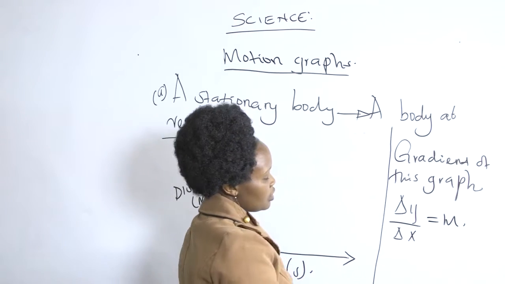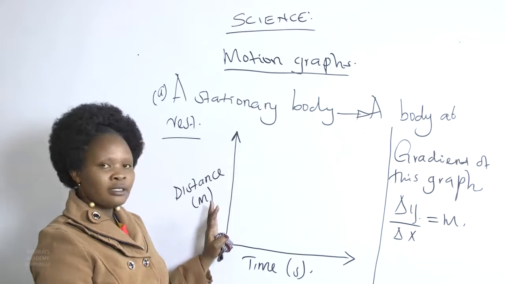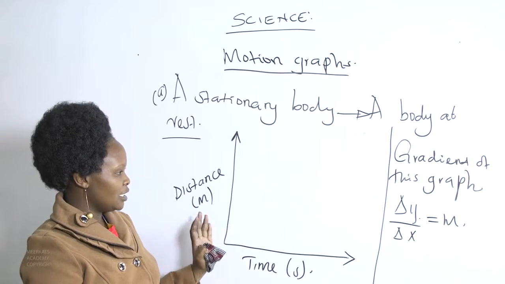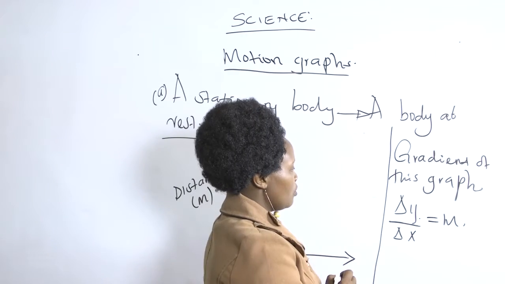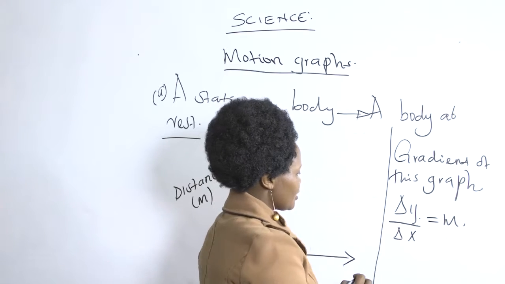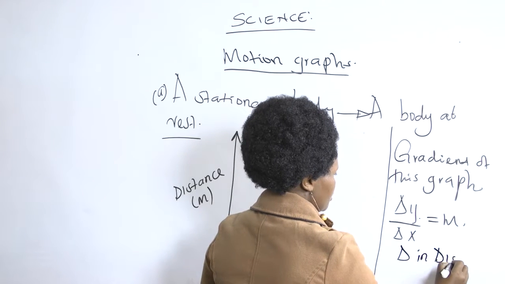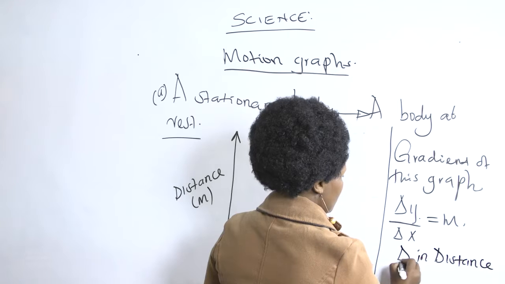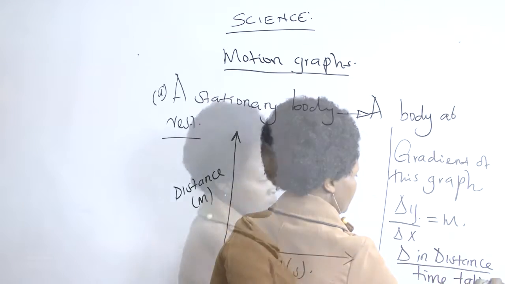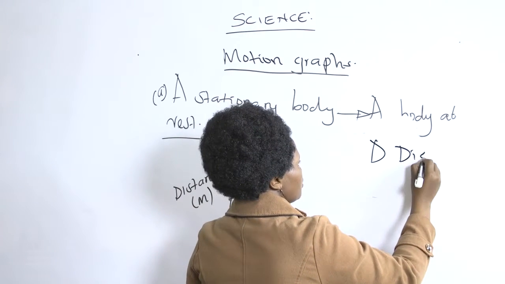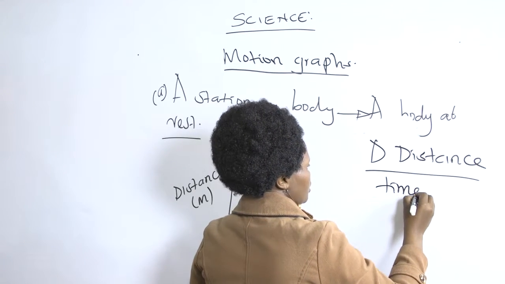On our y-axis, we have plotted distance. Therefore, when we look at change in y, we actually look at change in distance over the time taken.